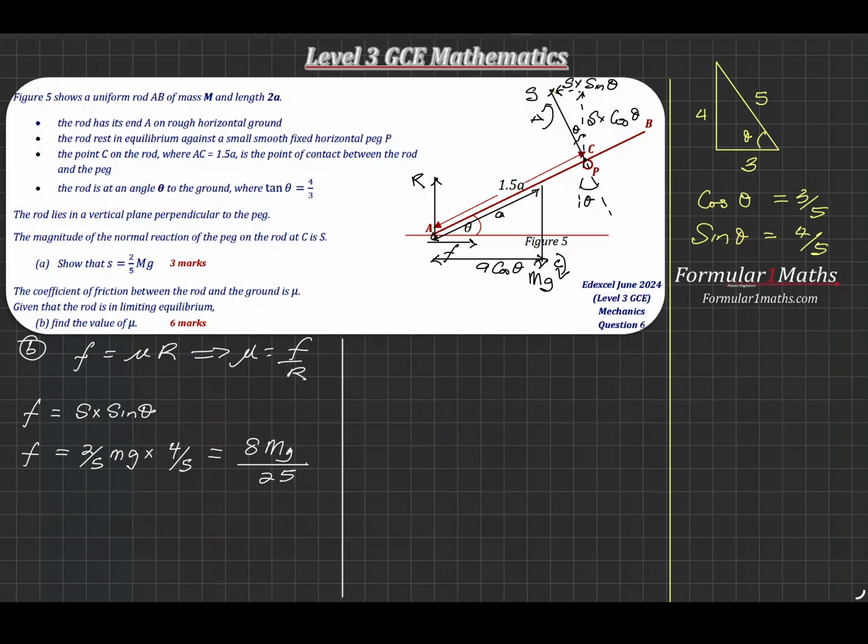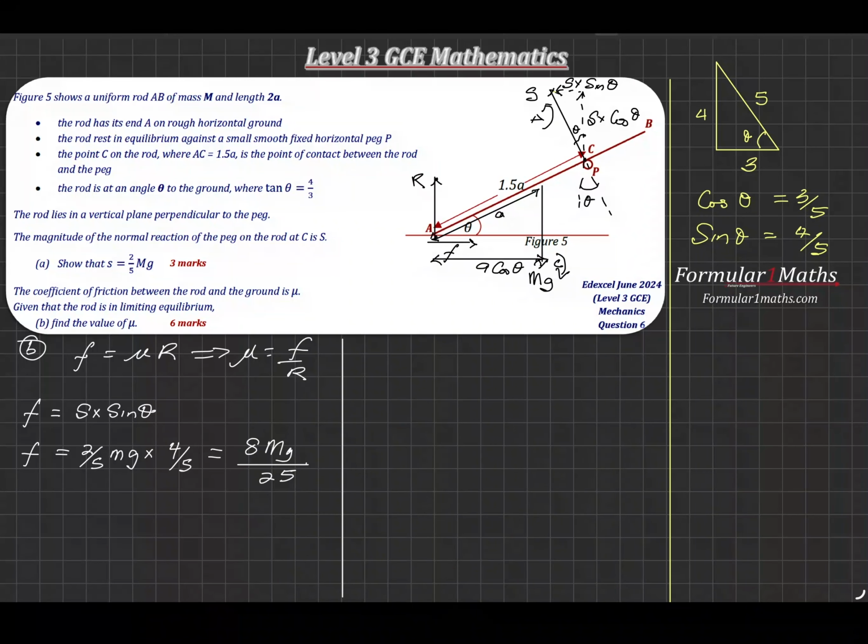The next thing to find is the value of the R component. The rod is in equilibrium, so it's not moving up or down. So it means that the upward forces must be equal to the downward forces. And the upward forces are this one and that, and the only downward force is that. So because the rod is in equilibrium, upward forces must be equal to downward forces.